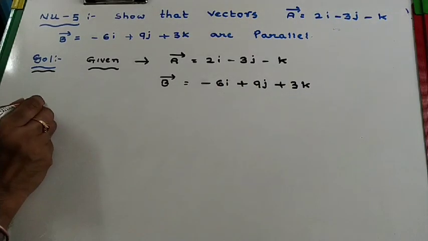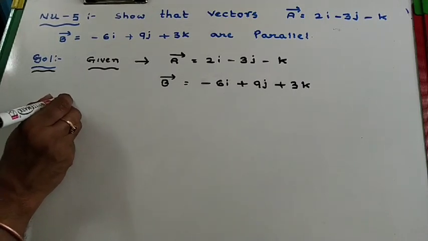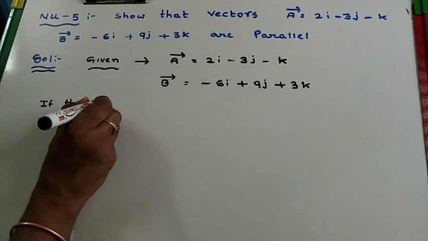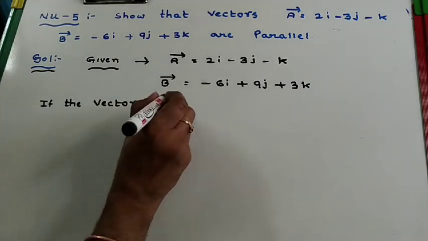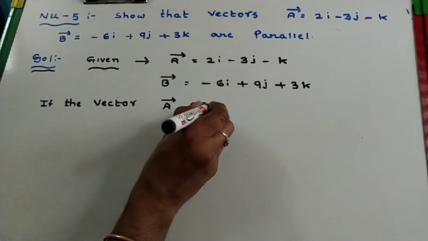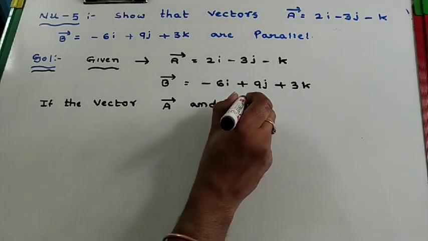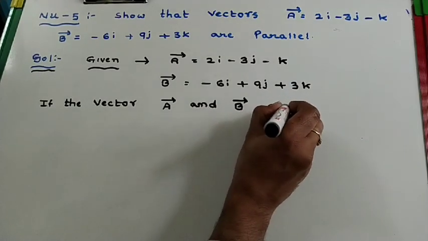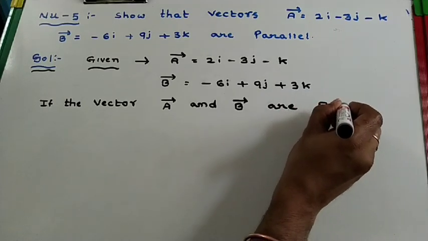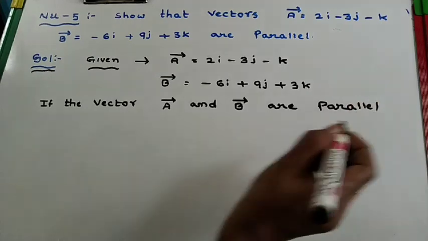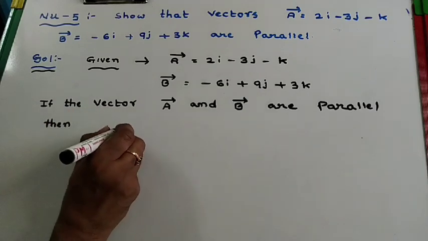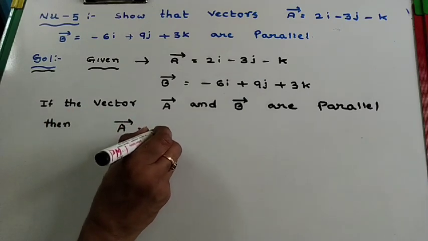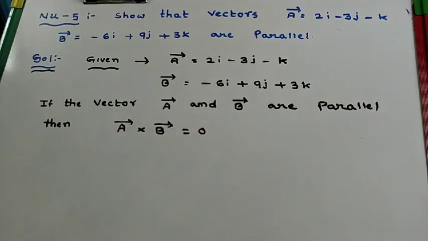If the vectors A and B are parallel, then A cross B must be 0.